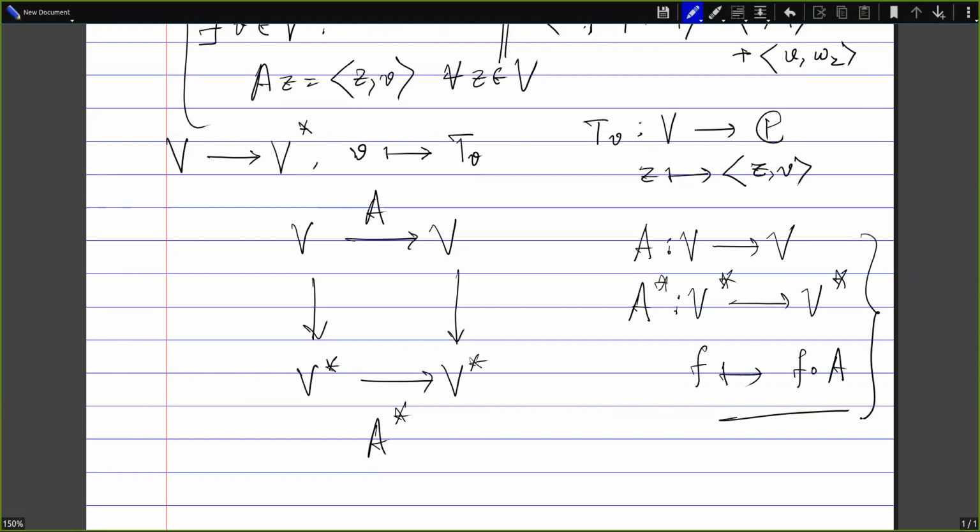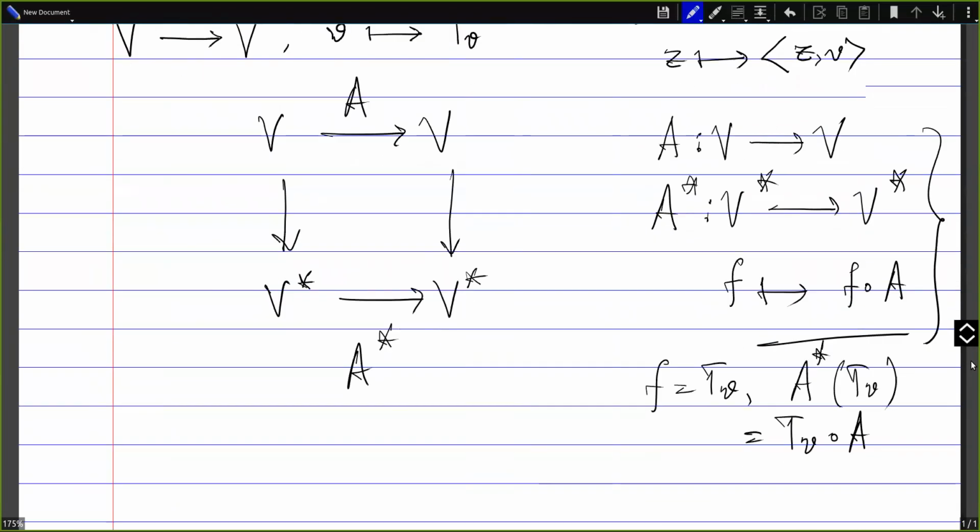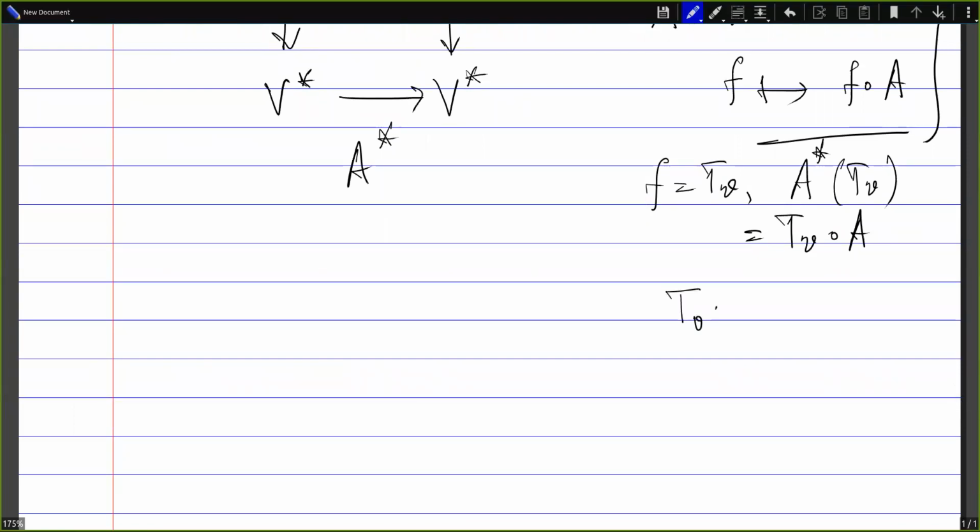This is the general scenario. But when V is of finite dimension, and furthermore V has a Hermitian inner product on it, this takes a nice form, because then we know that every F is of the form T_V for some V. So A star of T_V is nothing but T_V composed with A. And how does T_V composed with A act on Z?